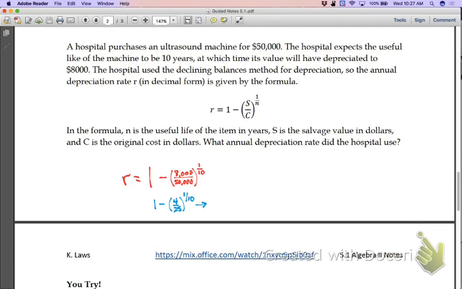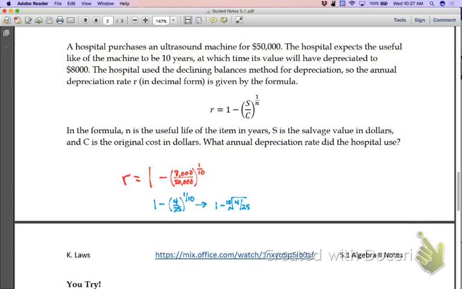If I'm going to have the 1/10th power, I could have 1 minus the 10th root of 4 divided by 25. It's really up to you how you type it in. But you're going to get a decimal, and then it's going to say what rate did it lose of its original value each year.